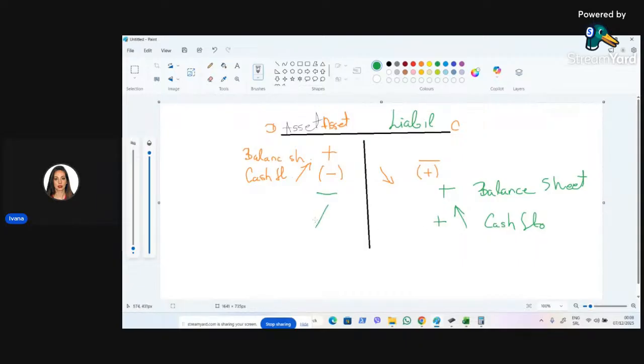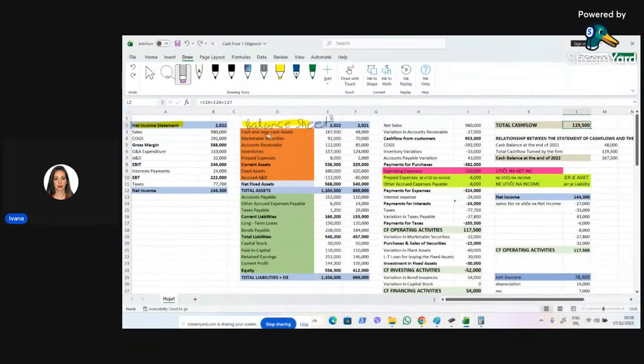If it's falling down, it will stay minus: minus, minus, plus, plus. So the liability is the same, but the asset is different in the cash flow. And we will explain why. So these are the questions.